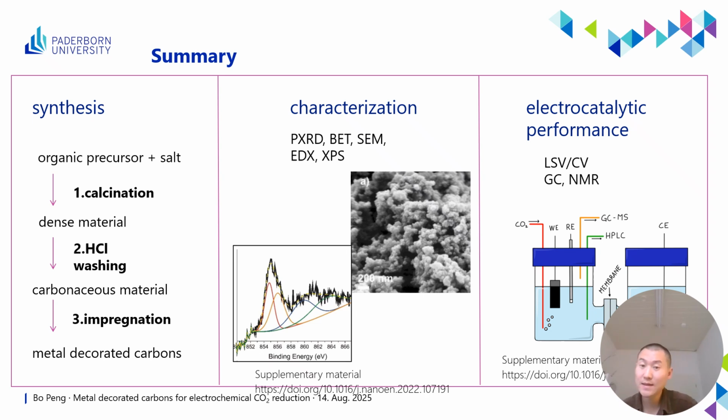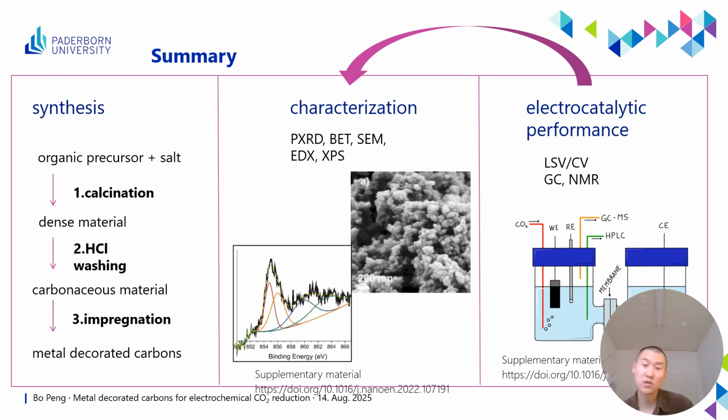The last part is testing the electrocatalytic performance. We need to test linear sweep voltammetry and cyclic voltammetry, and we use gas chromatography and nuclear magnetic resonance for product detection.